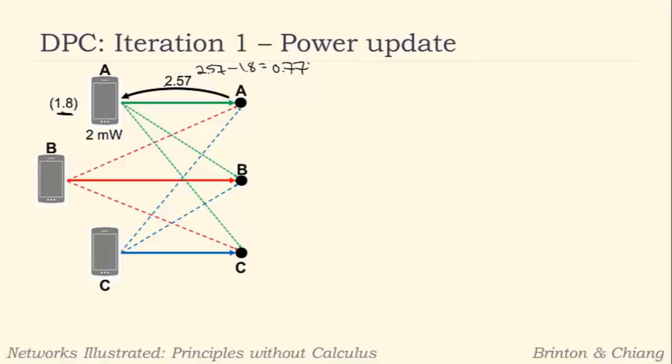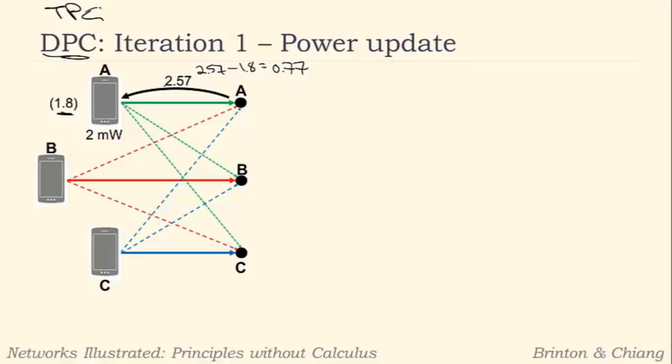So in order to update the transmit power, DPC employs something very similar to that single-step TPC algorithm that we saw before, except that the ratio quantity is not defined in terms of power levels. It's defined in terms of signal to interference quantities.